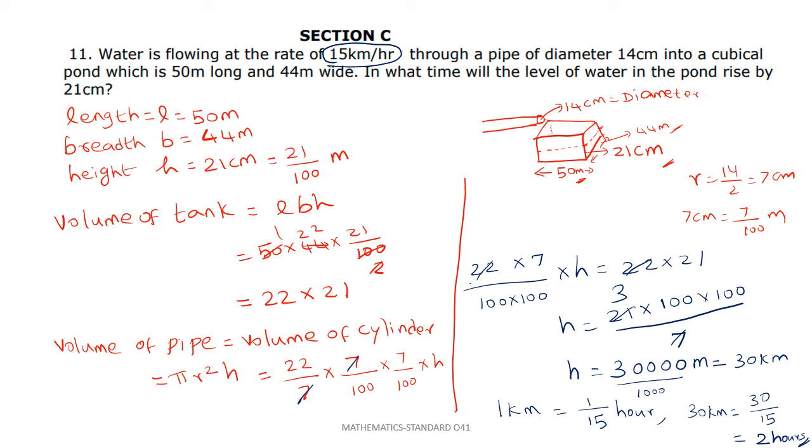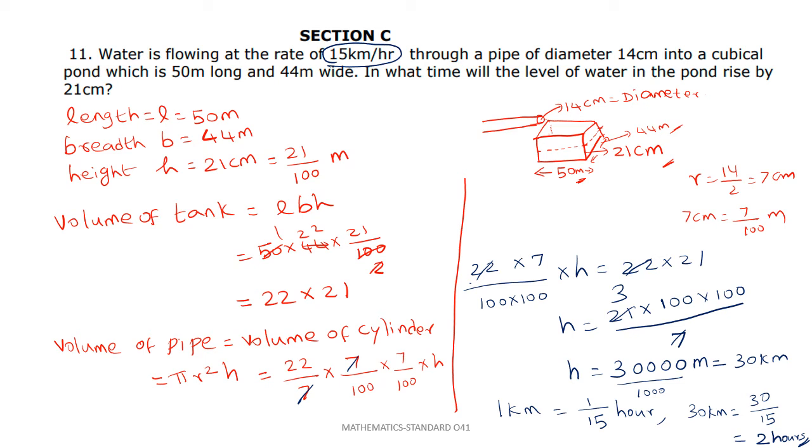So I repeat again, children, what is given. Water is flowing at the rate of 15 km per hour through a pipe of diameter 14 centimeter into a cubical pond. So first we drew the pond, which has a length 50 meter and breadth 44 meter and height is 21 centimeters. So change to meter. And we found the volume of tank LBH, which is found to be 22 times 21.